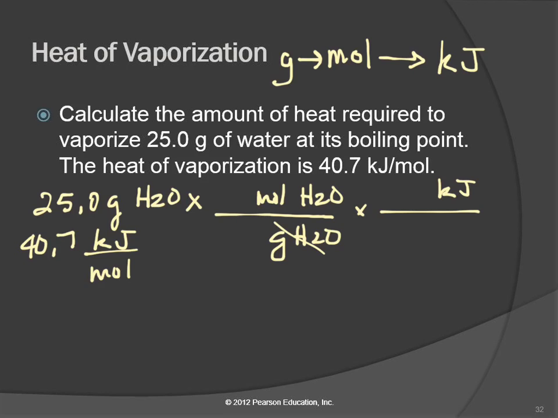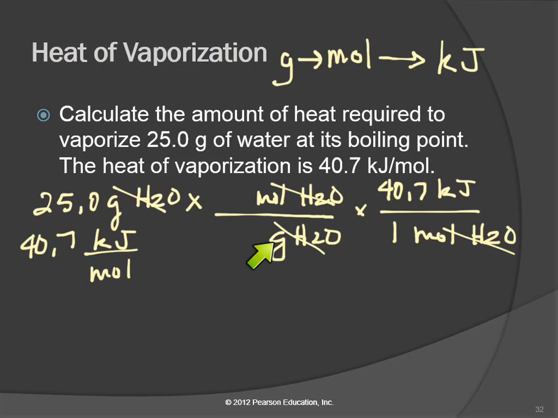So those units cancel out. And I'm going to divide by moles of H2O here. Those cancel out. Units. Kilojoules and moles. Well, that's this guy they gave us in the problem. 40.7 kilojoules. And that's per 1 mole.